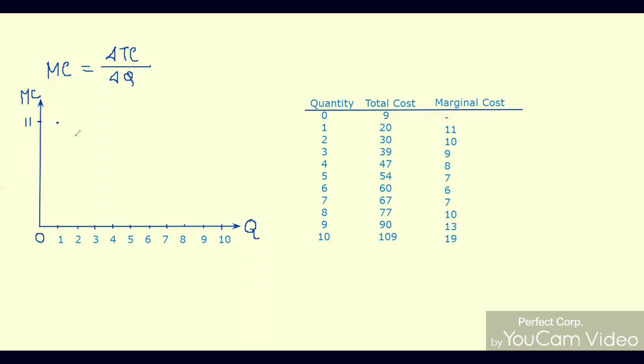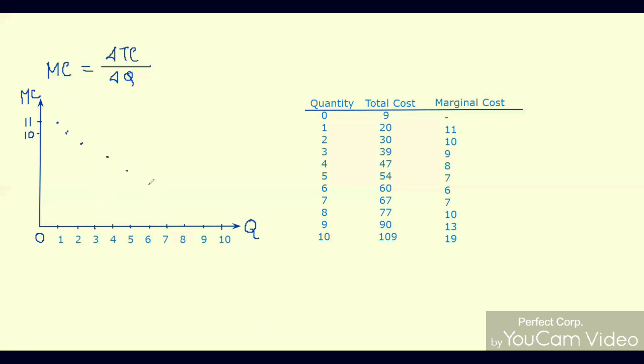Then for the second unit, it is a little lower, equal to 10. Likewise, for the third unit it became 9, then for the fourth unit 8, and for the fifth unit 7, even lower.